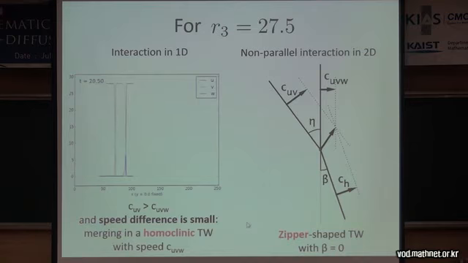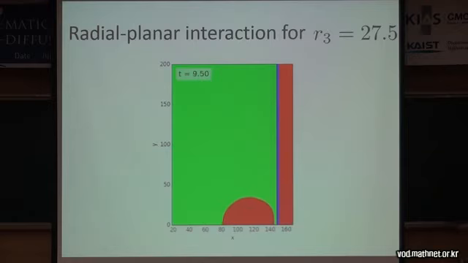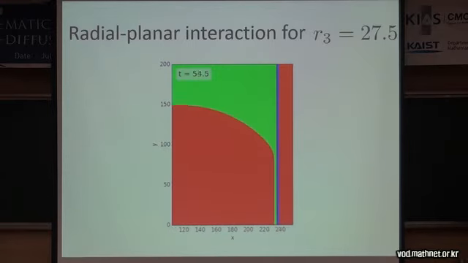So when we again examine the interaction of the radial and the planar front, we observe that the 2 waves merge and that the angle will tend to the critical one. And possibly this pattern will become a traveling wave which moves with constant speed and constant shape.